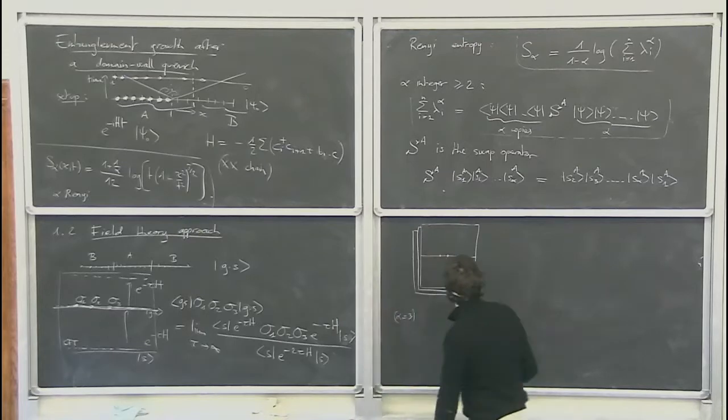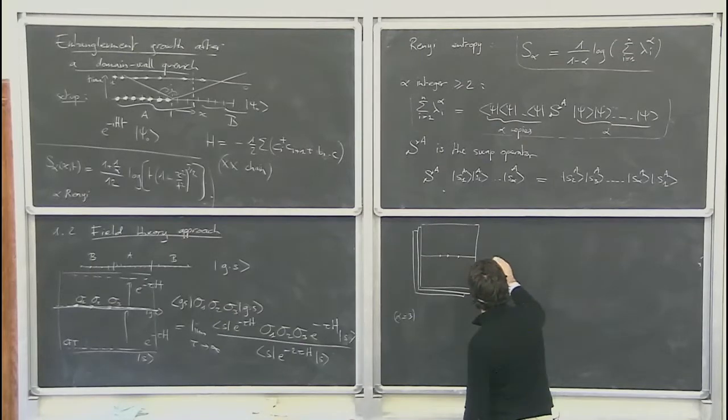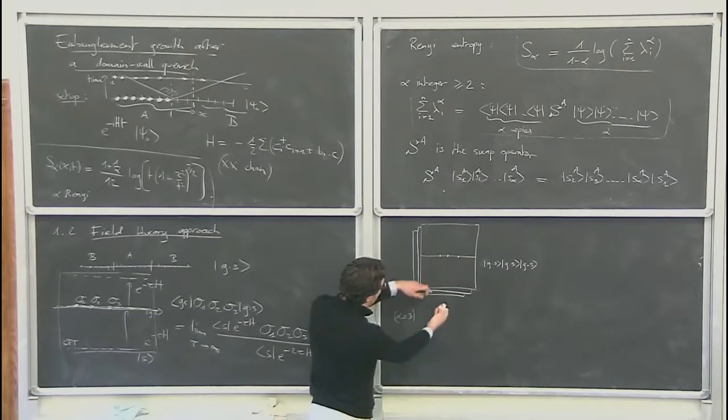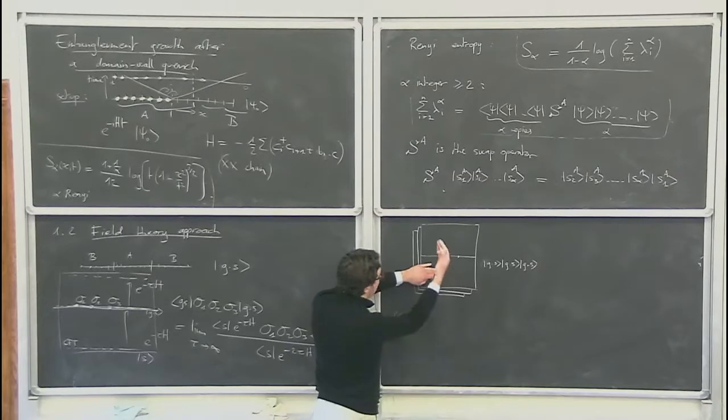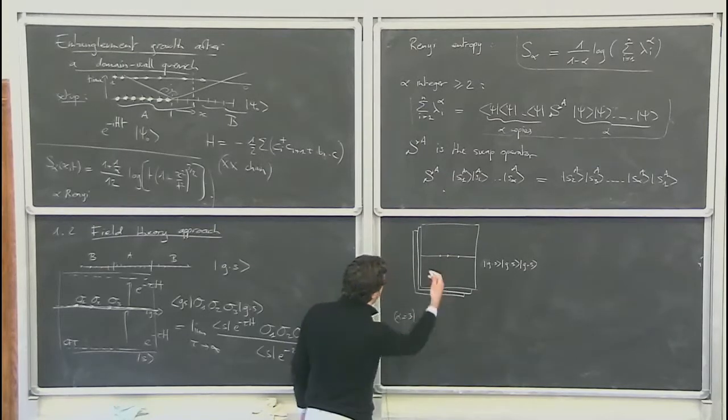Now that represents here the ground state for the first sheet, first plane. Then there's a second ground state and a third ground state. So three copies of the ground state that I get by taking some state at infinity and evolving in imaginary time.